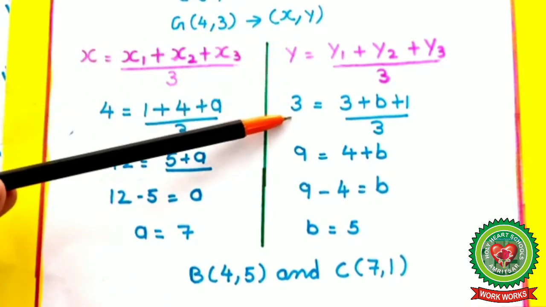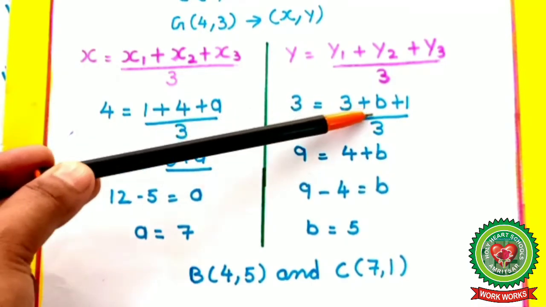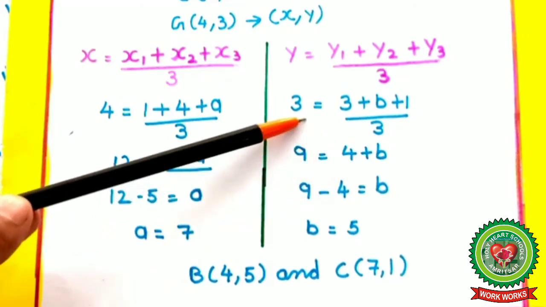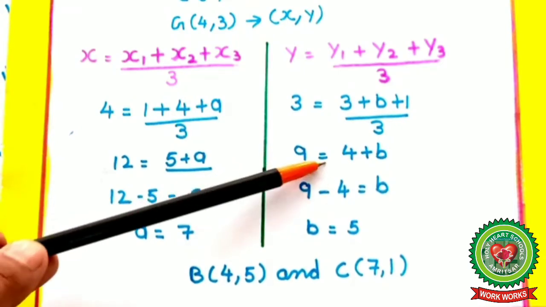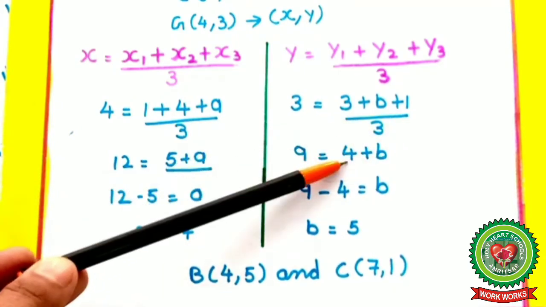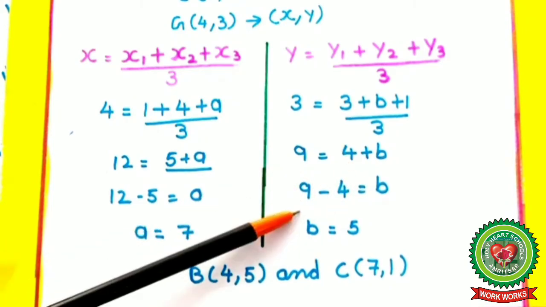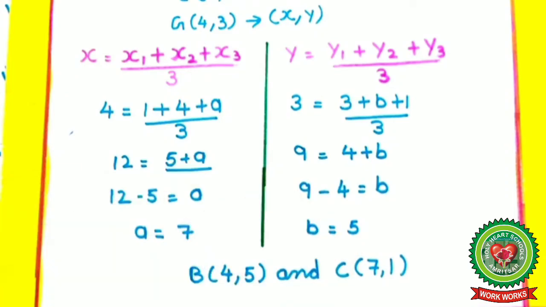After filling in this value, 3 equals (3 + b + 1) upon 3. Then after multiplication, 3 into 3 is equal to 9. So 9 equals 3 + 1, 4, 4 + b. Then after collecting like terms, 9 minus 4 equals b, then b equals 5. So therefore the value of a is 7 and b is 5.